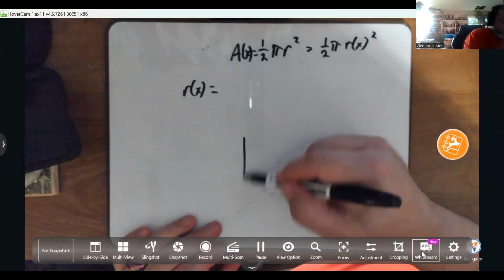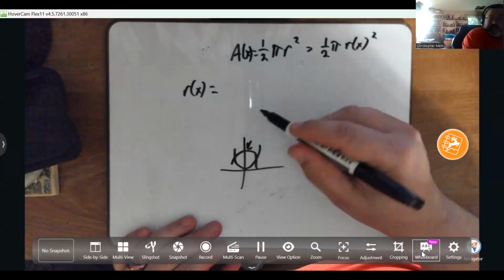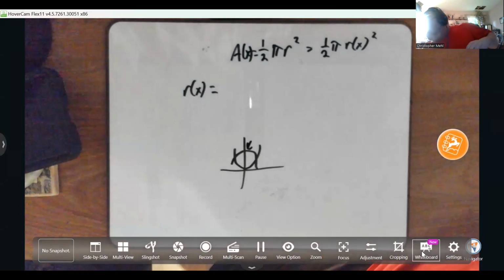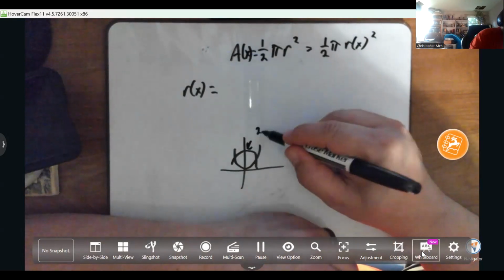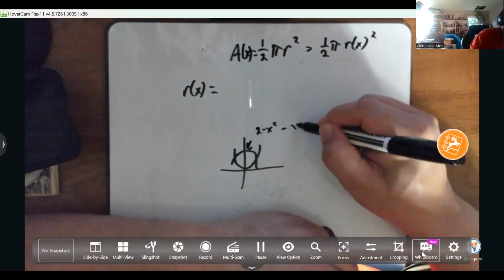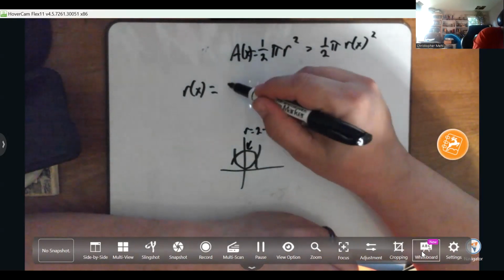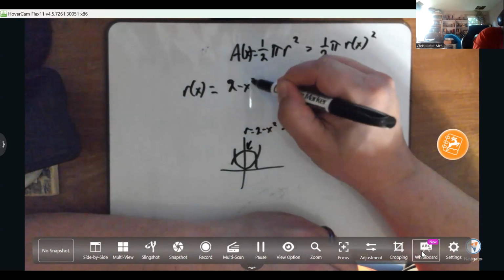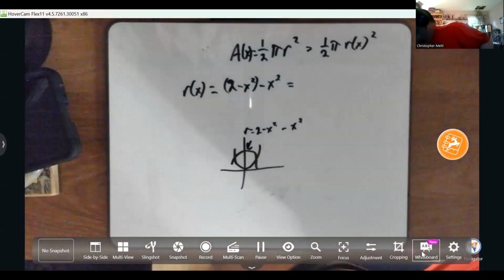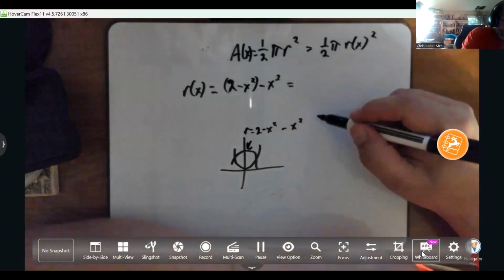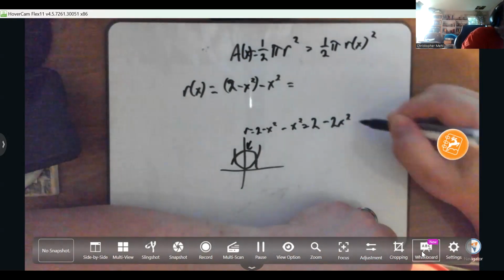And r for us, remember, we have here's the lower, and then we have this upper. And so the upper curve is 2 minus x squared. So the distance between the curves is going to be 2 minus x squared minus x squared. Okay, that's going to be r. So r of x is 2 minus x squared minus x squared, and so that works out to be 2 minus 2x squared.